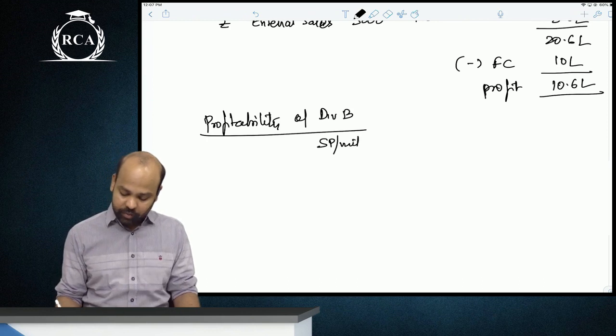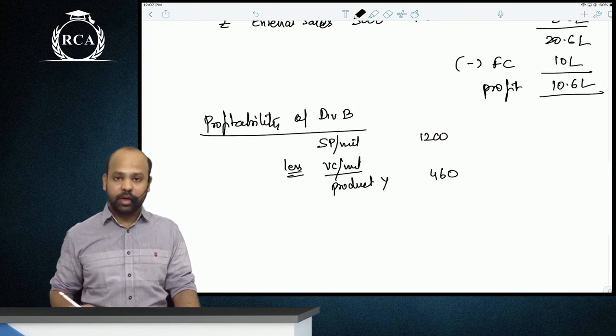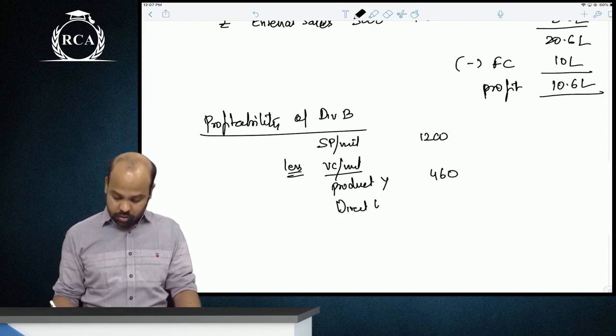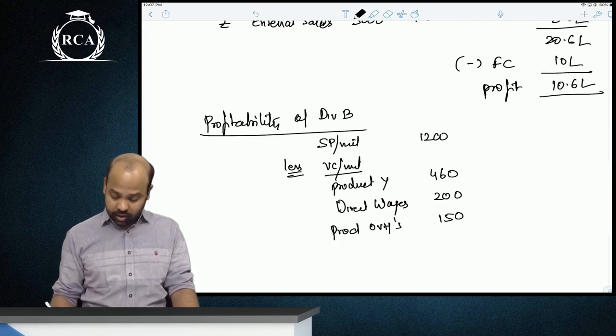The selling price per unit is undoubtedly 1,200 less. Variable cost per unit, product-wise, is 460: direct wages are 200, production overheads are 150, selling overheads are 100.